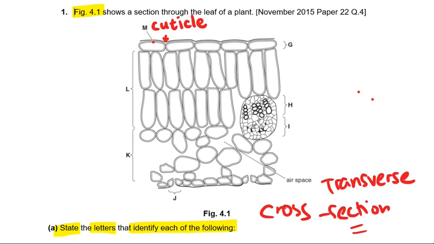And if we have a look at G there, it's referring to the cells right here. So when they look like that, it means that the group of cells, the tissue that is over there, we call that one the upper epidermis.